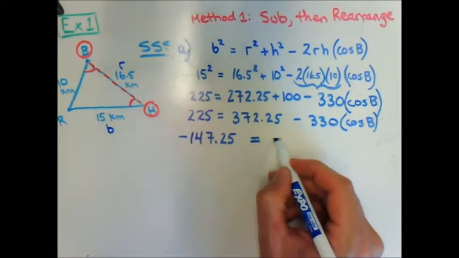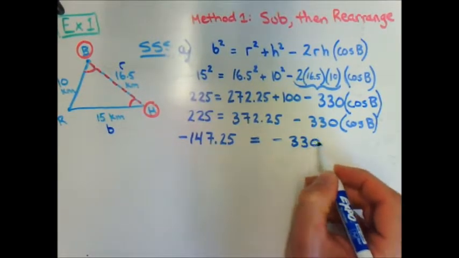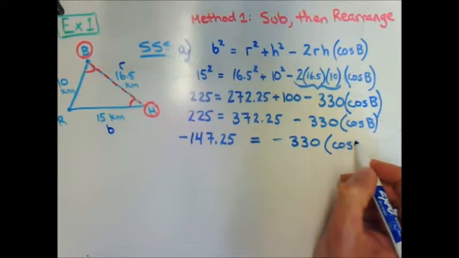And that is going to be equal to negative 330 times the cosine of B.